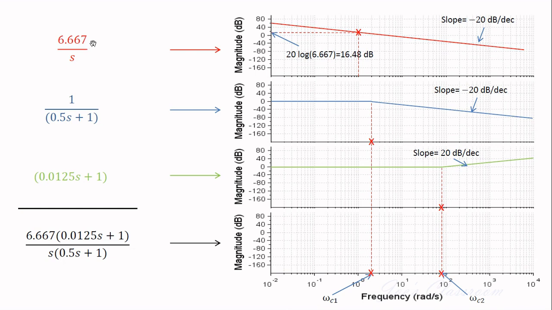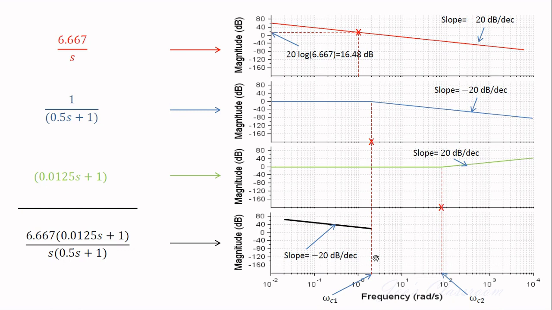An s term in the numerator can also contribute. So I have to take only that part. The same line I have to sketch here up to this corner frequency omega C1. So this line is valid only up to this first corner frequency.